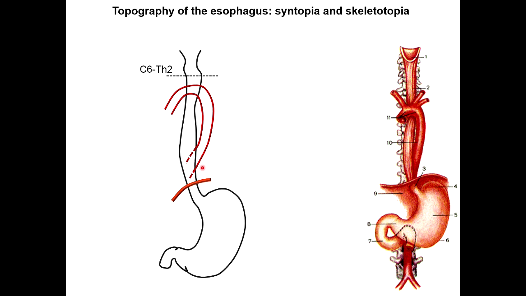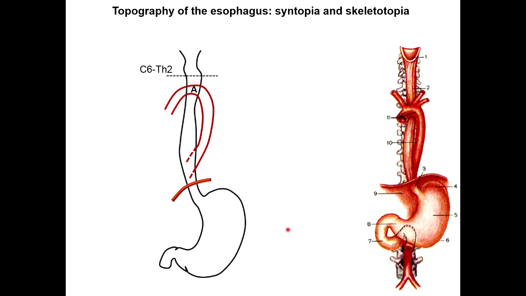I use a dotted line here, and in this picture we can't see this inferior part of the aorta. Why? Because it is behind the esophagus. This dotted line demonstrates this position.